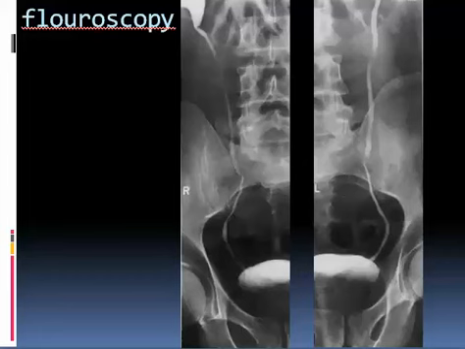And as we said before, the distance between the two ureters is called the interureteric ridge, and the bladder behind this ridge tends to accumulate some urine.